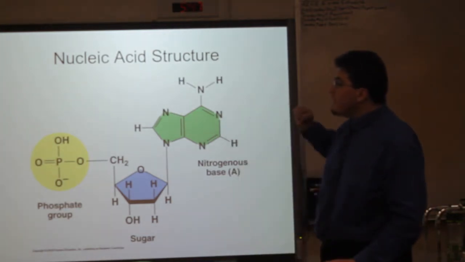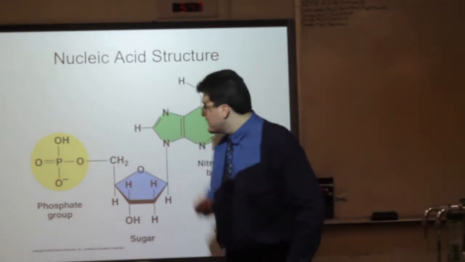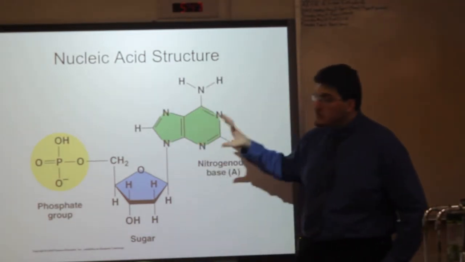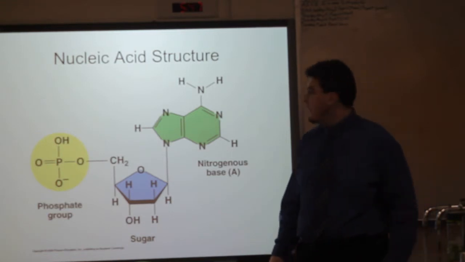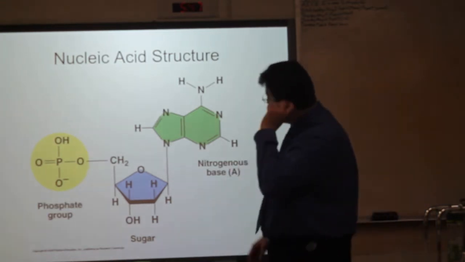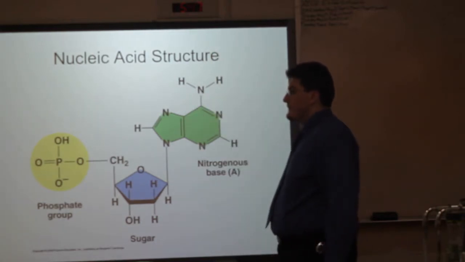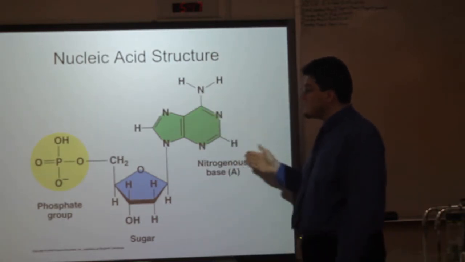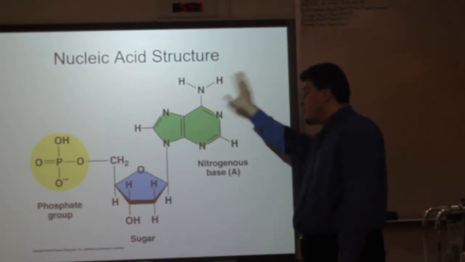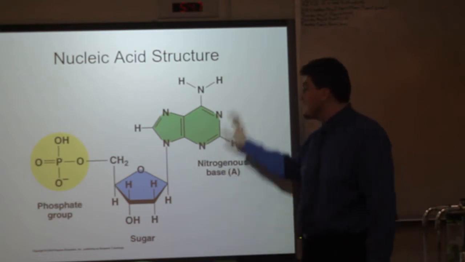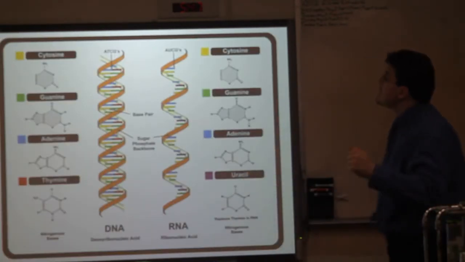Now, let's talk briefly about nucleic acid structure. Like I said before, you have a phosphate group, you have a pentose sugar, and you have a nitrogenous base. As you can tell, this is a lot of nitrogen right here. So that's why it's a nitrogenous base. It is a base because it has an amine group and it can accept protons, and it has a lot of nitrogen. This is what you make with it.